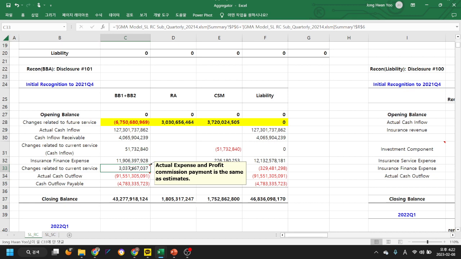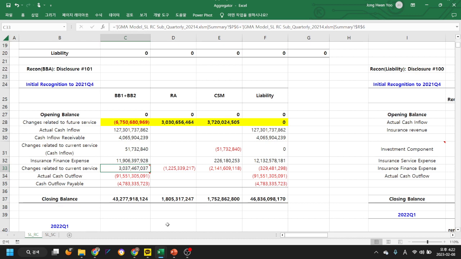That is another story, just ignore it. This one is probably where the actual payment is bigger than the estimate of claim cash outflow. So I have a loss of a little over 3 million, 3 billion actually.